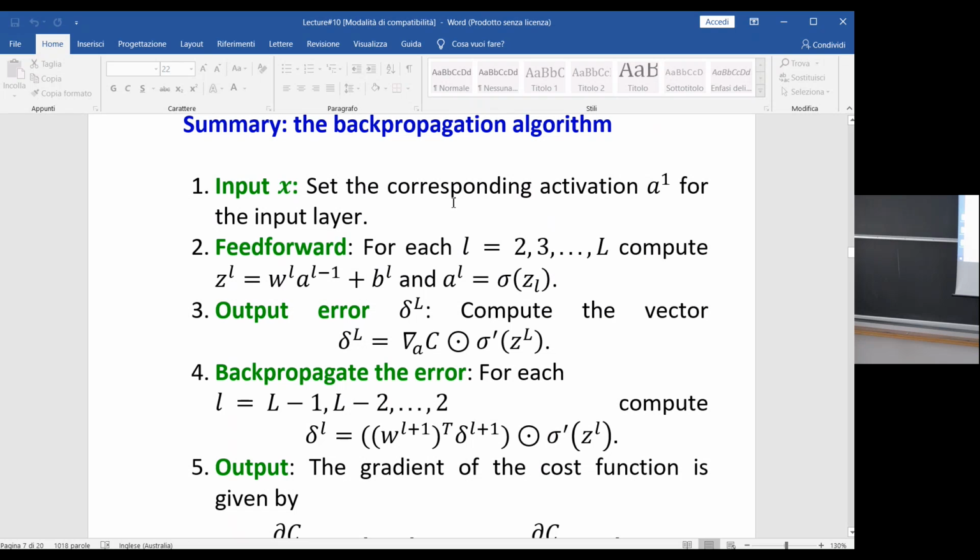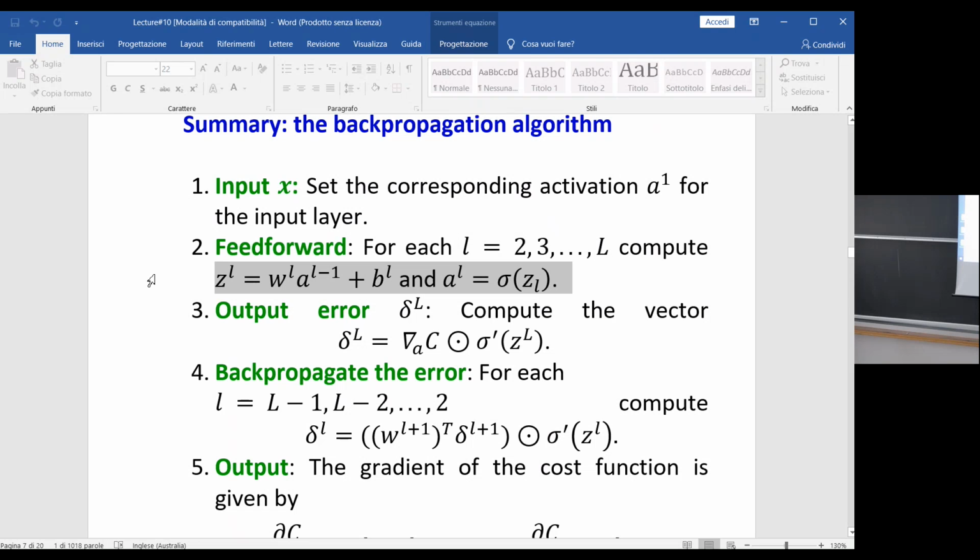So we set the corresponding activation a^1 for the input layer. Then feed forward: we begin to propagate forward for each layer after the first layer, second, third, and so on, up to capital L, the output layer.